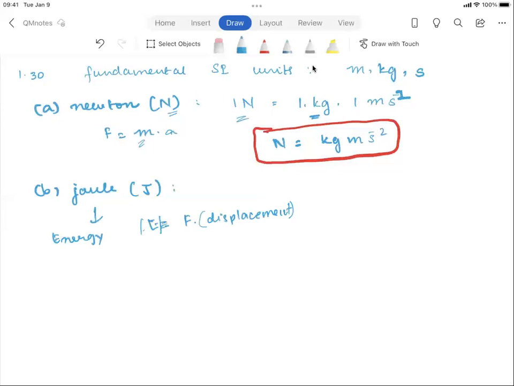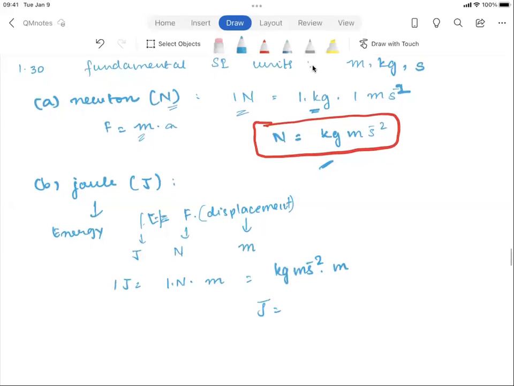So the force has a unit of Newton, and the displacement has an SI unit of 1 meter. So we can say 1 joule equals 1 Newton times meter. So we can plug in for Newton what we obtained here, which is kg meter per second squared, times meter. So 1 joule can be written as kg meter squared per second squared.